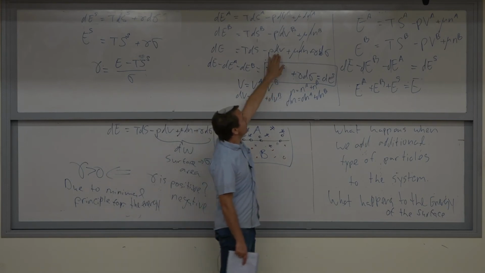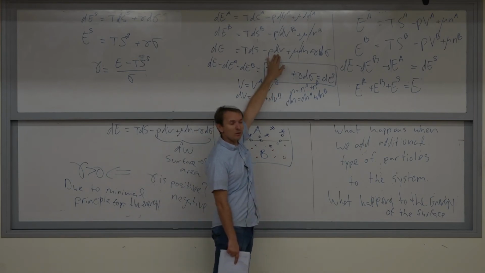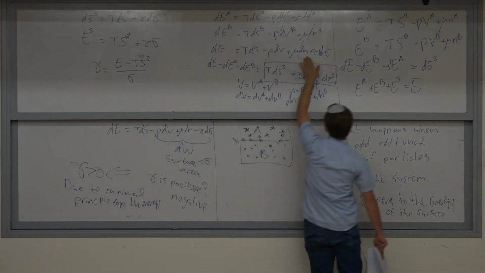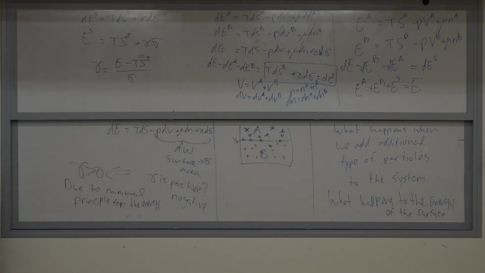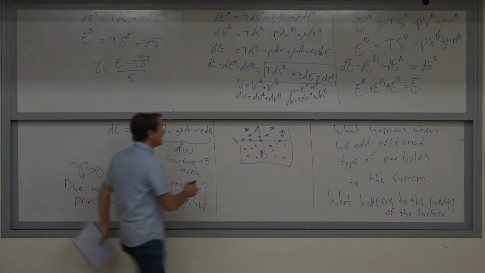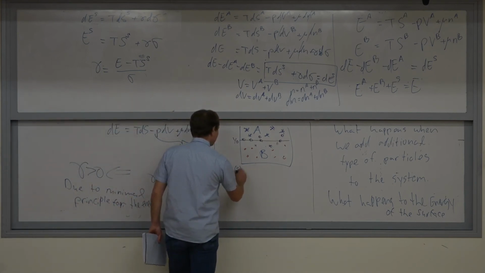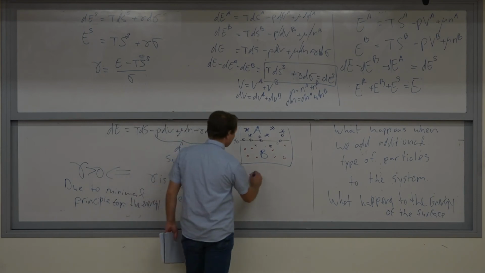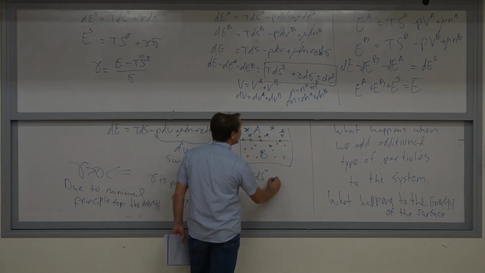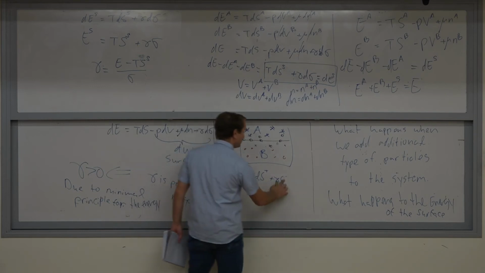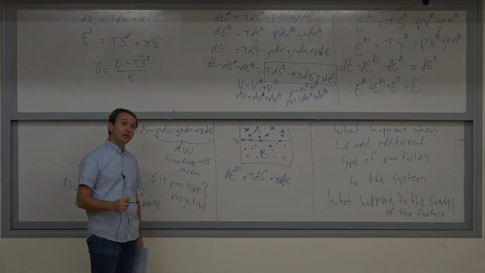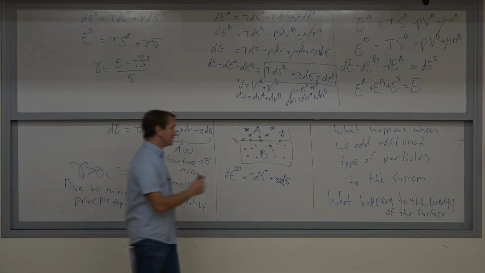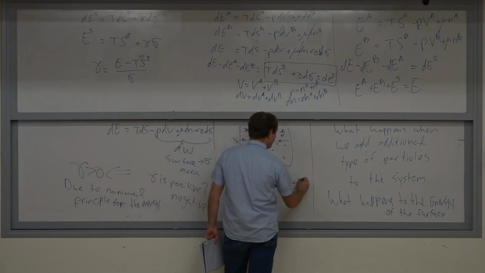What will happen? V has no volume, so V won't add up. But there might be a contribution from the chemical potential. So when I add additional particles of type C, I will get that my surface energy is a contribution from the entropy, plus a contribution from the elastic term, gamma d sigma, and I also need a contribution from the presence of additional particles, mu_C dN_C.